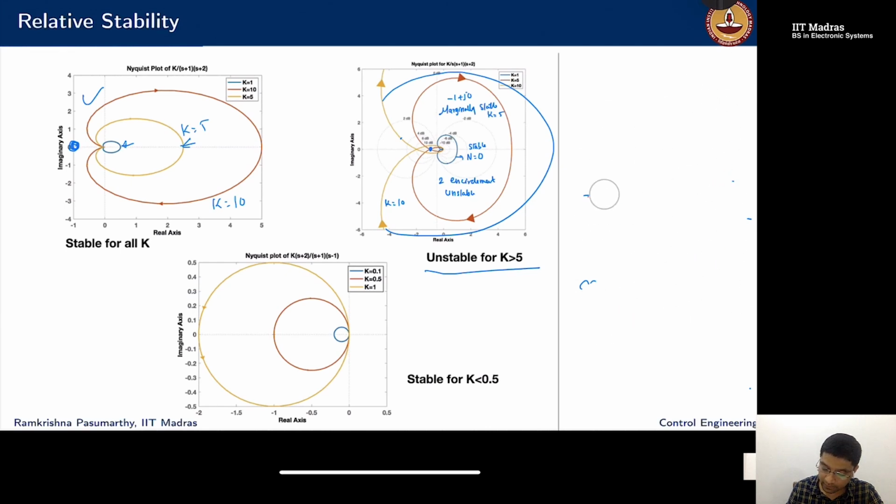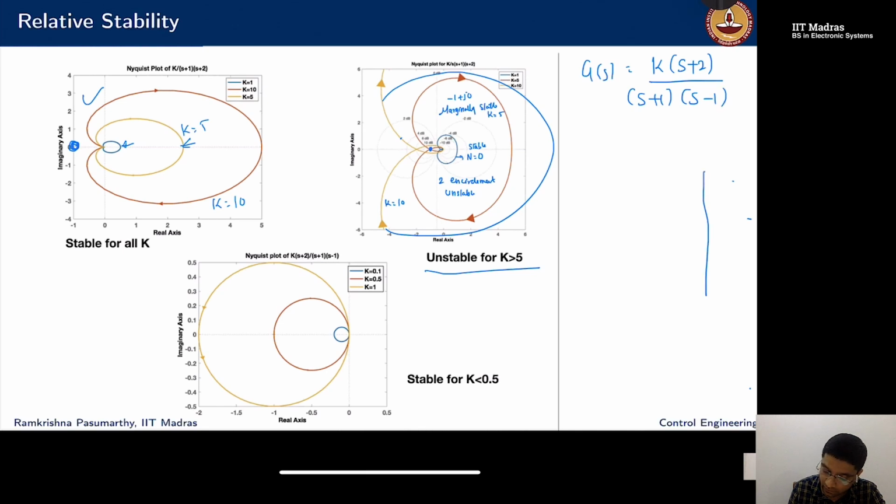There is another example, where G(s) is k times (s plus 2) over (s plus 1)(s minus 1).